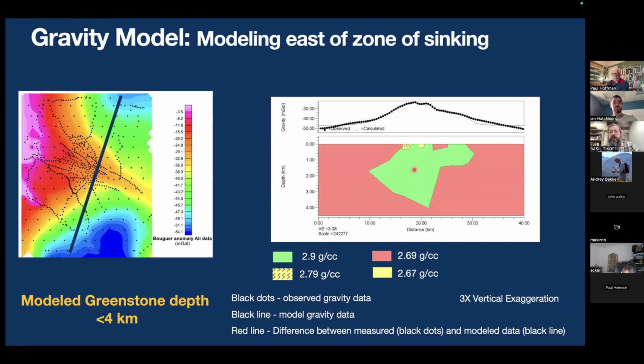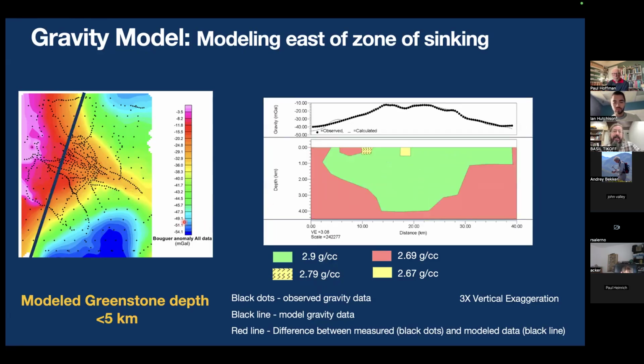You can get signals that look like this, but again, not very deep. As you go to the line further west, it gets the same depth or maybe slightly deeper. The greenstones seem to be more significant out there, which is consistent with the fanning of the map pattern. And again, they're no more than 5 kilometers deep.